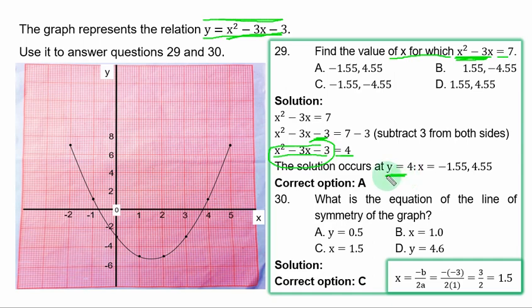So you go to the graph. This is y equal to 4. Before that, let's try and get the scale. The scale used is 2 centimeters to 1 unit on s-axis and 2 centimeters to 2 units on y-axis.